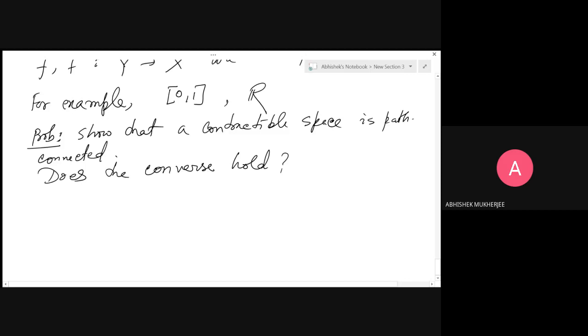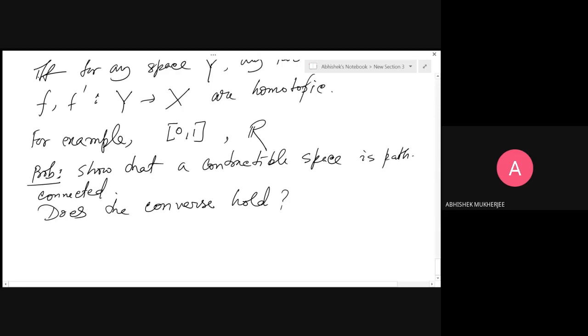And generally speaking, if you go to higher dimensions, you will see that n-dimensional Euclidean spaces and the n-dimensional closed unit ball in Rⁿ are all contractible spaces, by the same fact as we use for the lower dimensional cases.